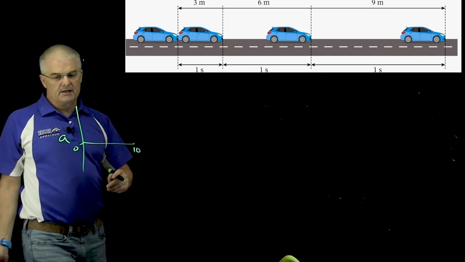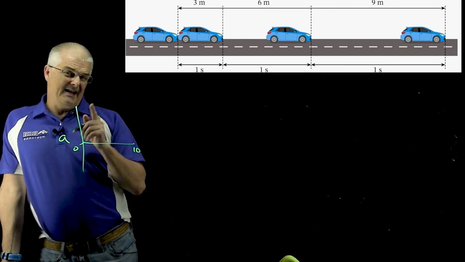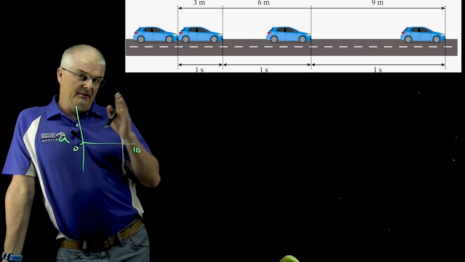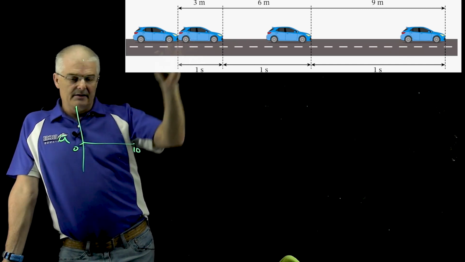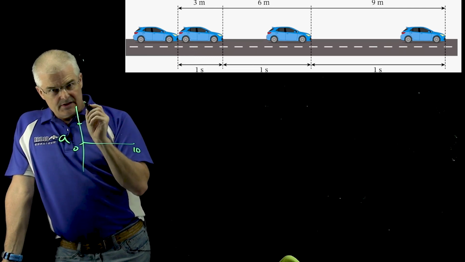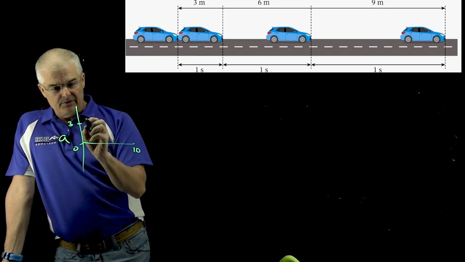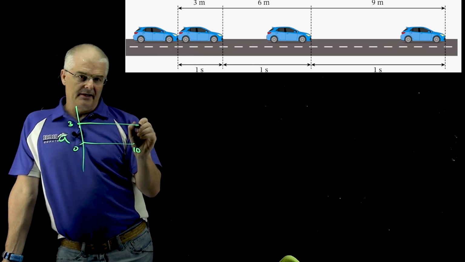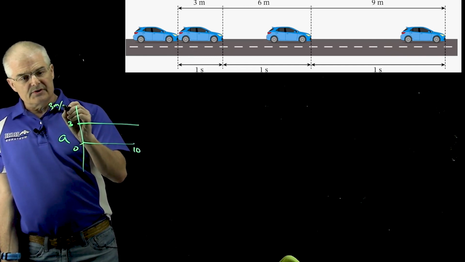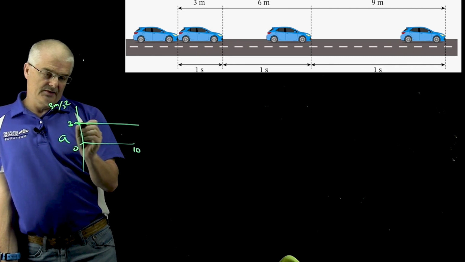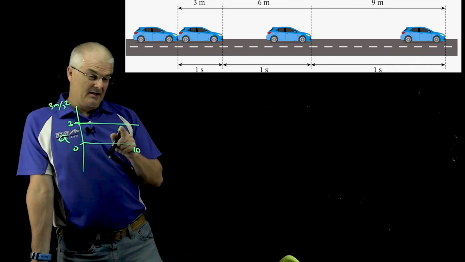We're going to assume it continues this pattern. And what's happening is it's getting faster. It's getting faster by 3 meters per second every second. And so it's constantly accelerating. This would be 3, and it's just a straight line. We only got 3 seconds given right here. So this would be 3 meters per second squared. That's this number right here. That's the acceleration time graph.